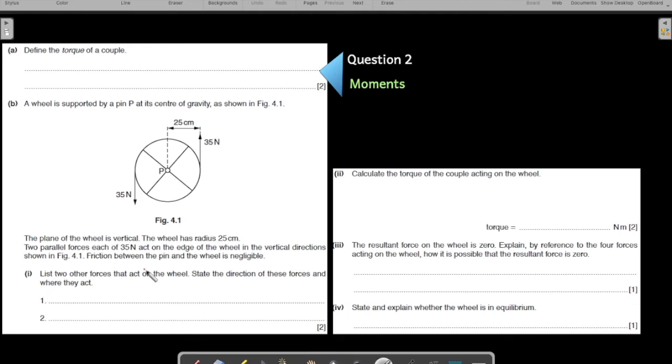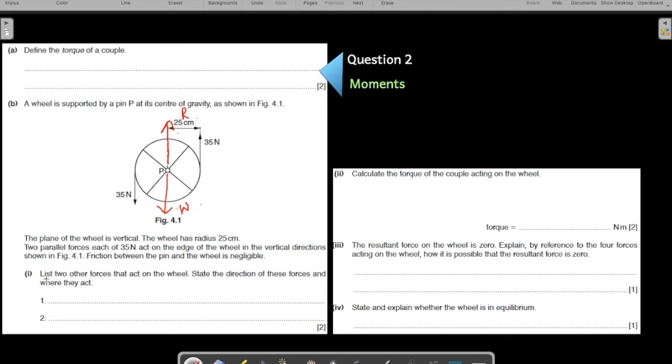So what could possibly be 2 other forces? That's easy to identify because they have not mentioned the weight. So there should be some weight acting downwards. If there is a weight and there is a point of contact, there has to be a reaction force as well. So what do you have to mention?